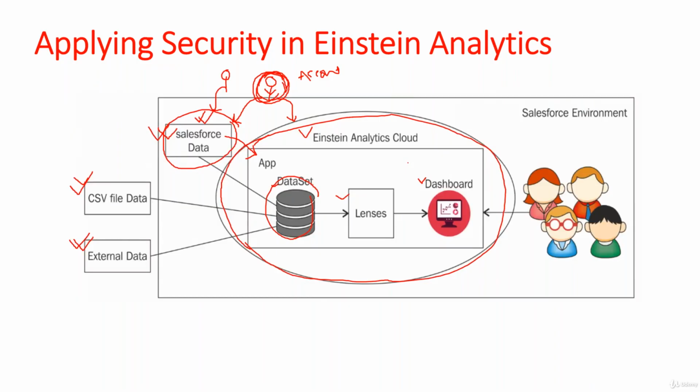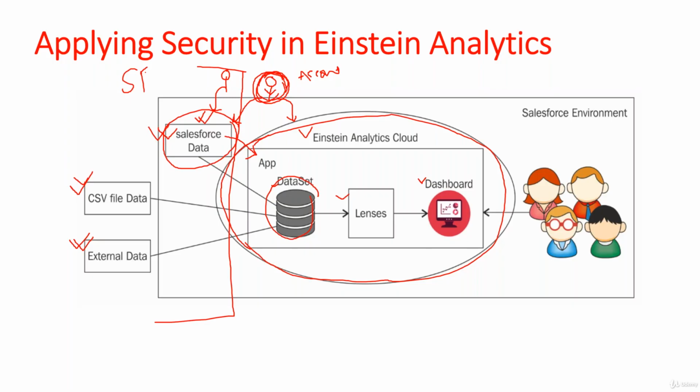So overall, to understand, my data can be controlled in two parts. If I divide it, one part is from the Salesforce side, by using FLS, and then we come to Einstein.